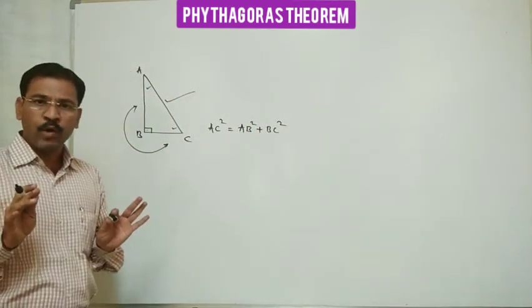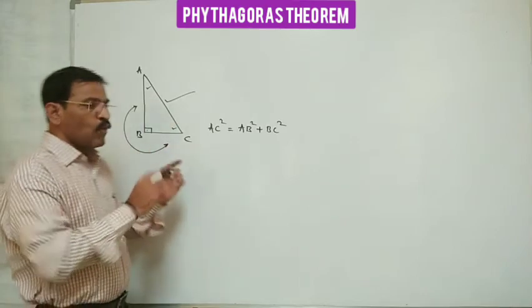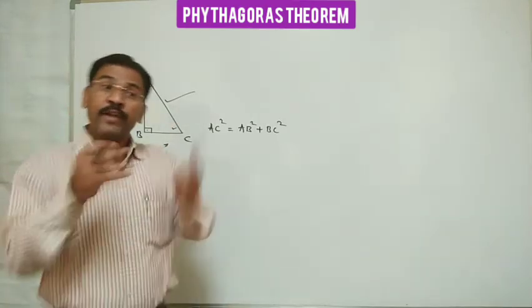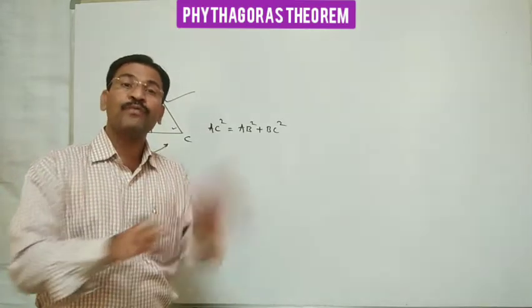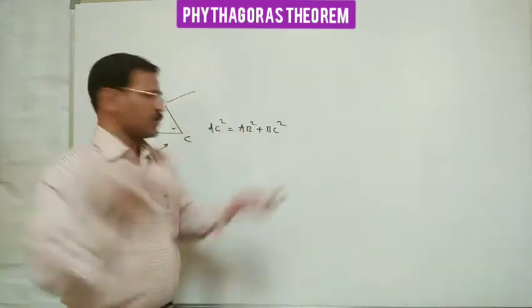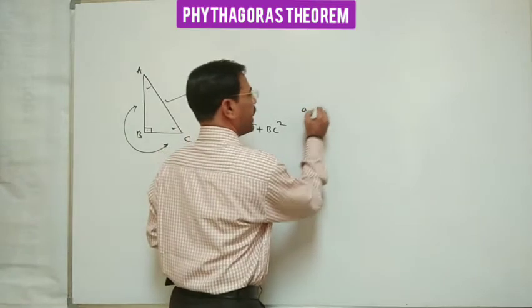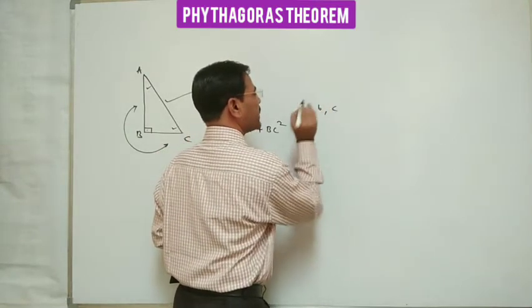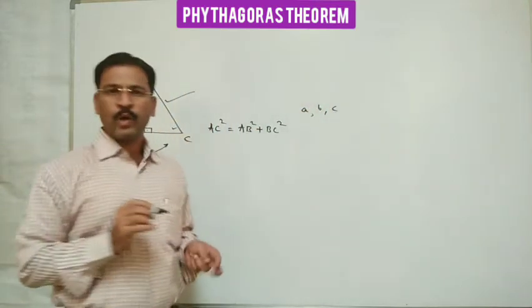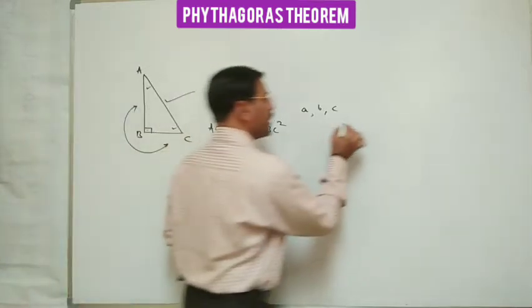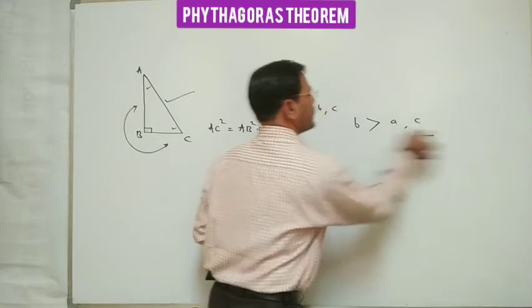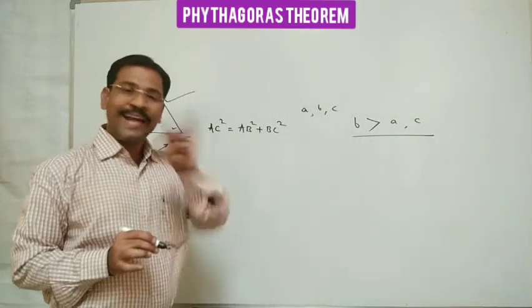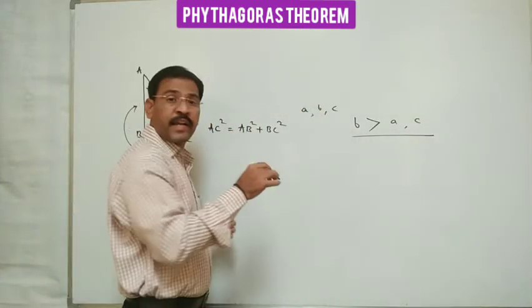Understand, friends? Now, sometimes we are going to verify whether it is a right angle triangle or not, when the information of three sides is given. Suppose here A, B, C are the three sides, in which B is greater than A and C. At that time, what do we have to check?